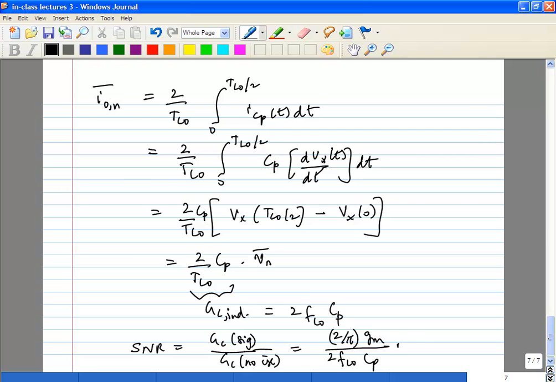So obviously you want to minimize CP, you already know that. The other thing is, of course, if CP is similar in value to, let's say, CGS of the transconductor, you can rewrite this in terms of FT and show that it's inversely proportional to FT. So you probably want to maximize the transconductor FT.